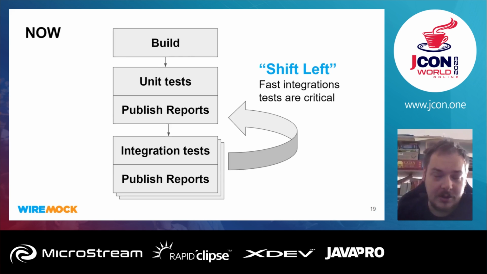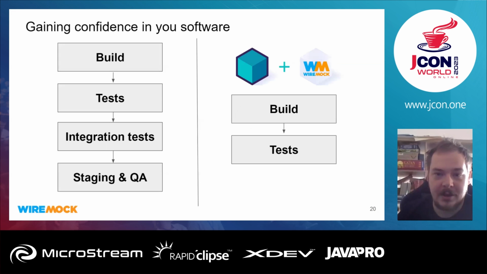And with proper frameworks, we actually can speed up integration tests and we can simplify maintenance of these integration tests. And if that is done, basically integration tests become just tests, same as unit tests. If they're fast, you do not really care about where they run. And this is what Testcontainers and WireMock allow you to achieve.